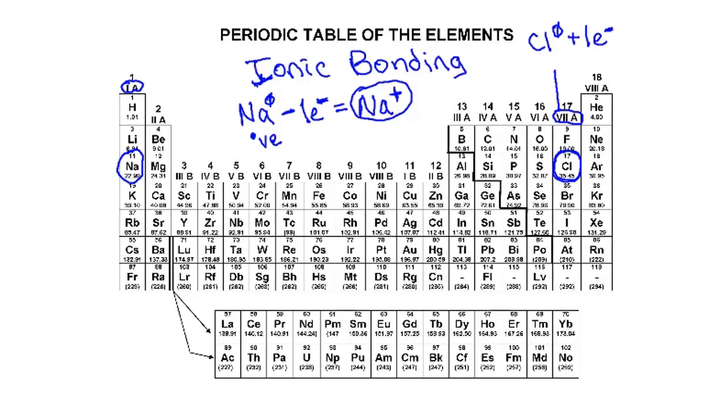So it's going to take on one more electron so it has the complete set of 8 electrons. And that's going to give it a negative charge because it took on an extra electron. So here's where your extra electron goes. It makes it a negative charge.